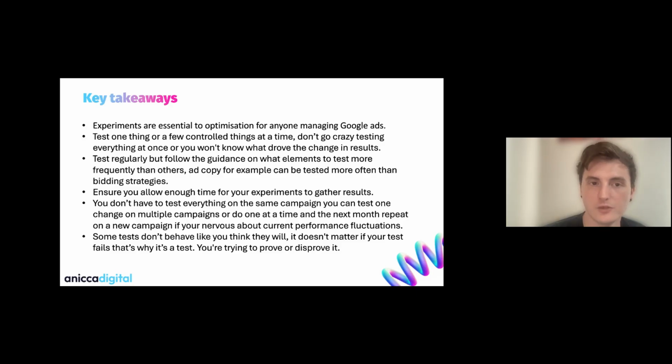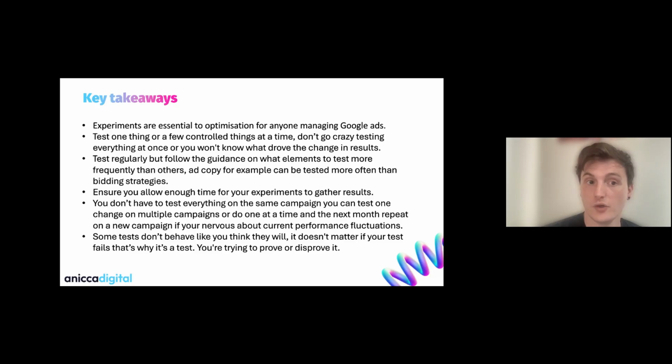Be brief and be controlled on what you're testing. Don't test every single metric and every single change you can at the same time. It really won't help you, because you still have no idea what actually drove the results. So you'll have just wasted however many weeks you ran that test for, because you still have no actionable insights to apply to the campaign.